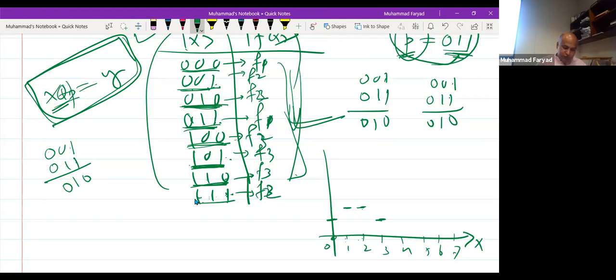So 100 is here, and this 7 is here. They have the same output, and then 101 and 110 have the same output. So let's say it is something like this. If I connect it, the shape of the function looks like this.